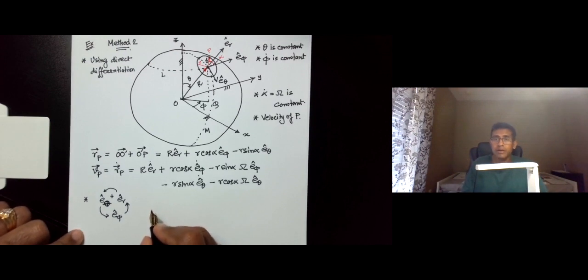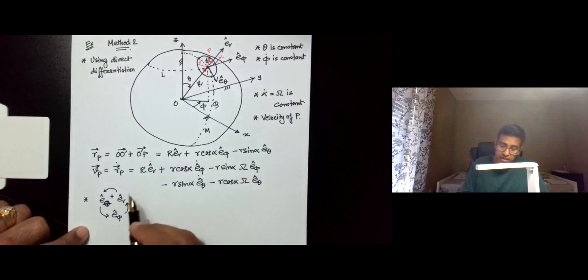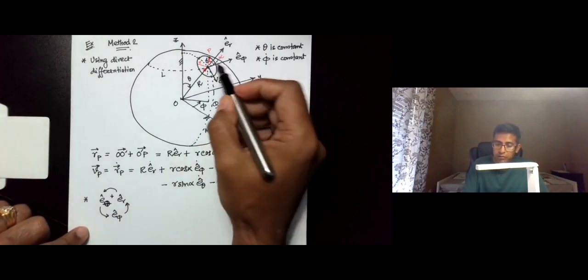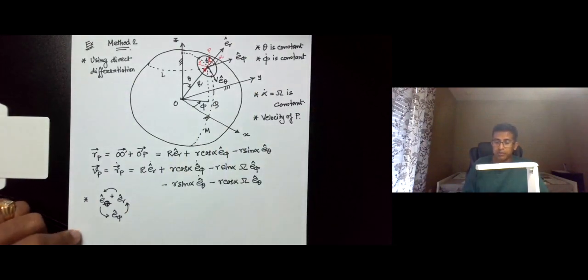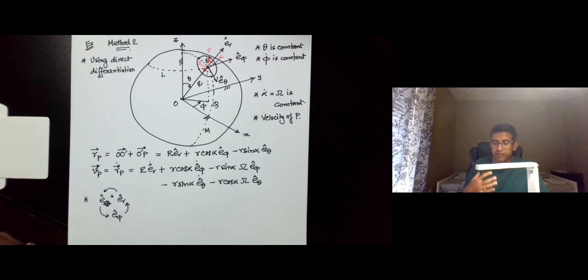And furthermore, the angular velocity needs to be figured out for this rotating frame. Now the rotating frame is fixed to the bar, that is OO prime. It is not fixed to the disk. Therefore, the angular velocity of the rotating frame is the angular velocity of the bar. If it was fixed on the disk, then it would have been the angular velocity of the disk itself. Here it is fixed on the bar.